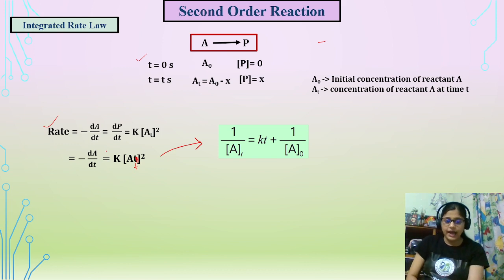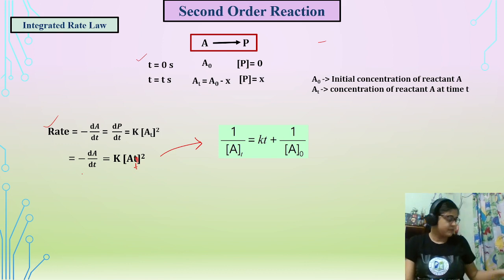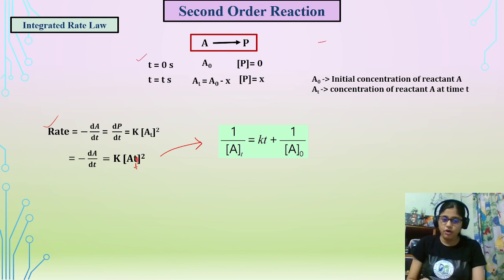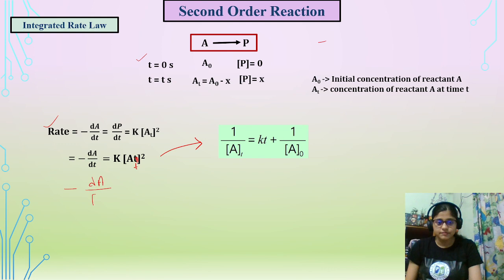Okay, so I can show you, if you think that it is difficult, so ma'am is not saying the whole thing. For that purpose, I have simplified this form: dA by At square equal to k into dt, right? So you are integrating this from 0 to t and A0 to At.